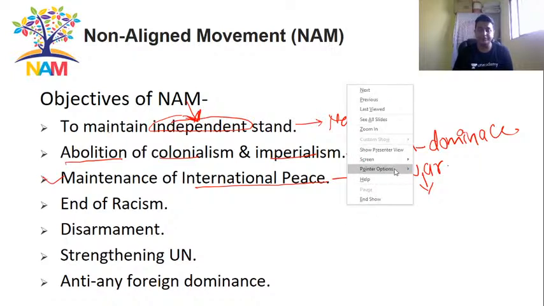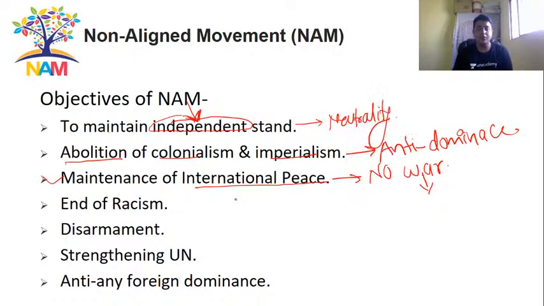Okay, everyone. Maintenance of international peace, and why is it there? If you want prosperity, then peace should be there. If there is no conflict, it promotes trade and other activities.